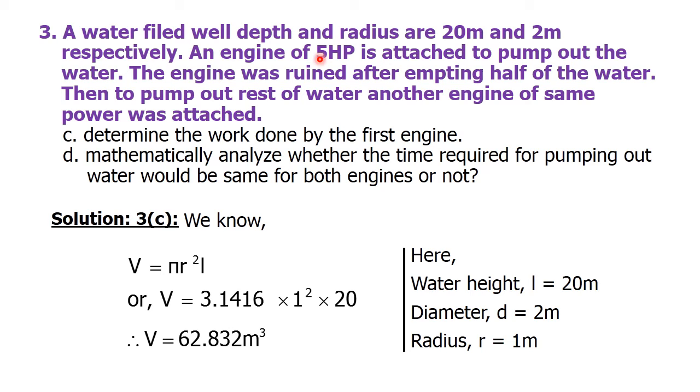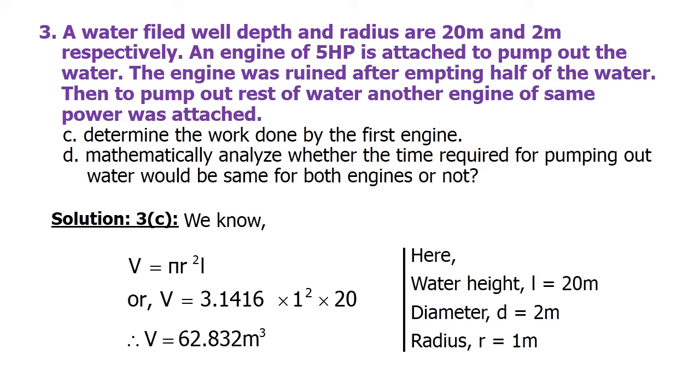That means a 7 horsepower engine is attached to a pump to empty the well, and after emptying half of the water, the pump collapsed, and another pump whose efficiency is the same as the first one is added to do the same work.